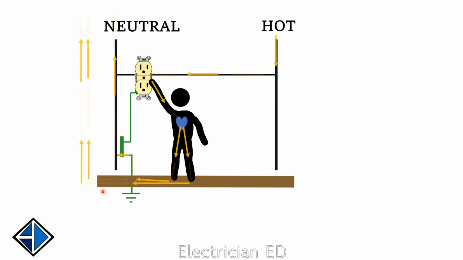Electricity doesn't just go to ground, it takes every path available that it can to get back to the source. We have to stop this somehow, because otherwise this person will die. We can do that by breaking the connection at any point along the way. And once the connection is broken, the current stops again.